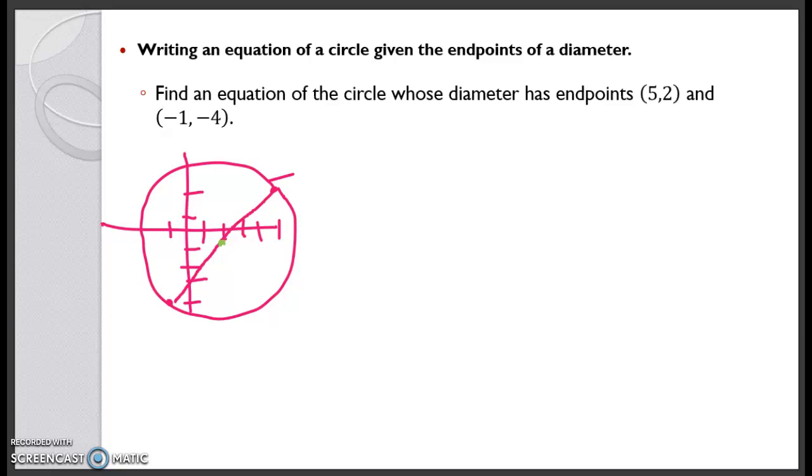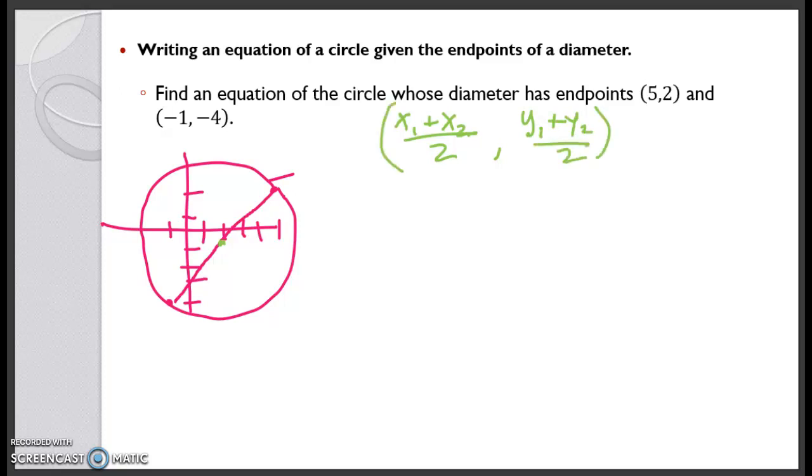So our midpoint formula, if you remember, is x1 plus x2 over 2, and y1 plus y2 over 2.